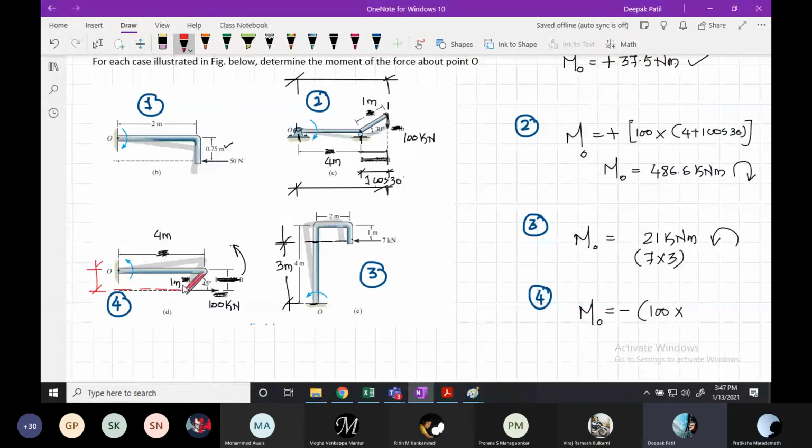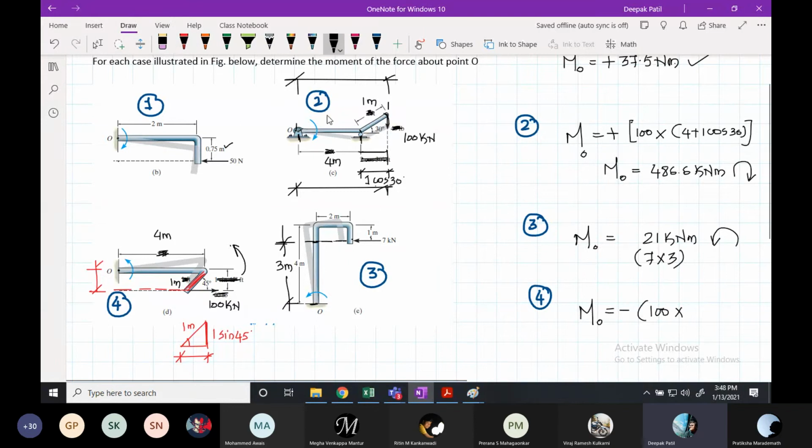This inclined distance is given as 1 meter. If I take a triangle out of that, this inclined distance is given as 1 meter and this angle is given as 45 degrees. But you want this distance. So what will be this? 1 sin 45. This is 1 cos 45, opposite by hypotenuse, but this distance is 1 sin 45.